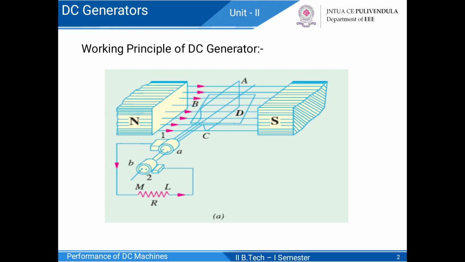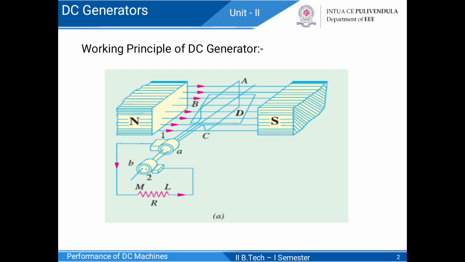The principle behind dynamically induced EMF is that whenever a rotating conductor cuts the magnetic field, EMF will be induced in that conductor according to Faraday's laws of electromagnetic induction. So that is the dynamically induced EMF.